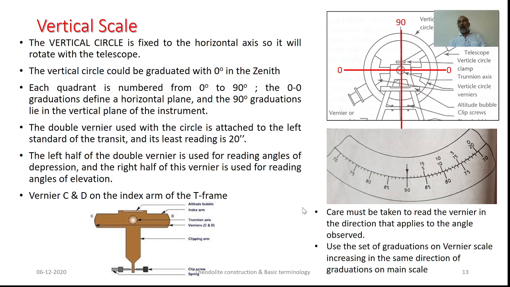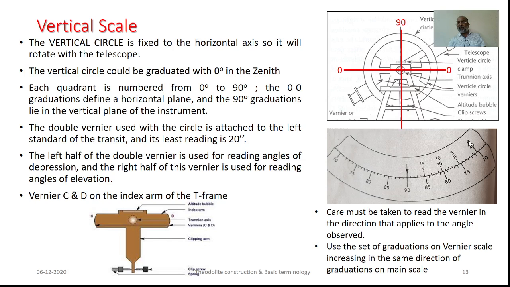While taking the readings, care must be taken to read the vernier in the direction that applies to the angle observed. Here we are discussing vertical angle measurement. The way you see, the vernier is placed with graduations. One is increasing in order, whereas the other one is provided with the reverse order.